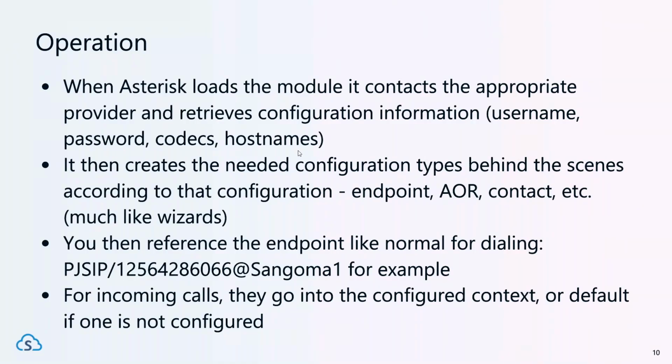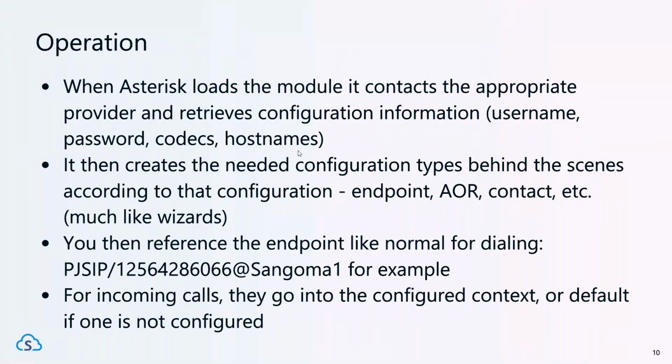So underneath, just like PJSIP wizards, it goes ahead and creates the needed configuration types behind the scenes. So that's endpoint, AOR, contact, all of that. And then, like I mentioned previously, for outgoing calls, you can reference the endpoint you've configured, just like normal for dialing. So PJSIP/phone number at Sangoma 1.